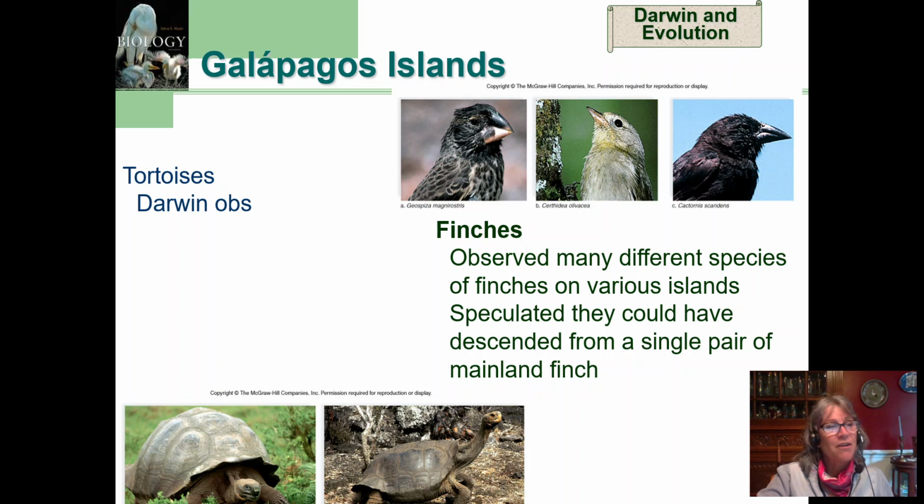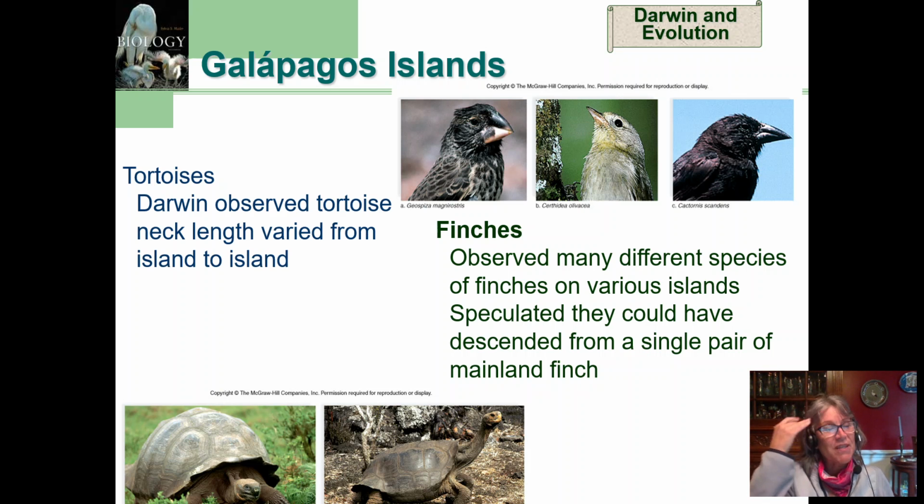The tortoises were the other organism that he's quite famous for. Barnacles are another one that we'll talk about later of his observations. But he observed tortoises and from island to island, their neck length varied. And what was different about the islands was the vegetation, where you had drier islands with cactus, where the tortoises would have to get up high on the cactus to get to the flowers and get around the thorns, or they were eating shrubs on the ground.